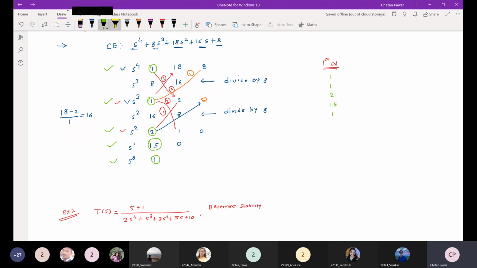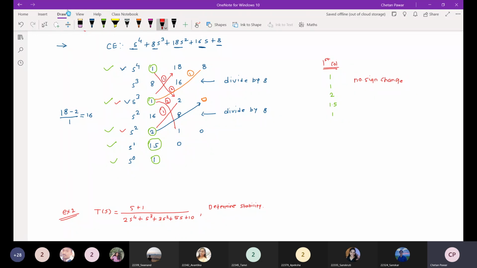So if you see the signs of these elements, there is no sign change. All are positive terms. So the number of sign changes is 0.